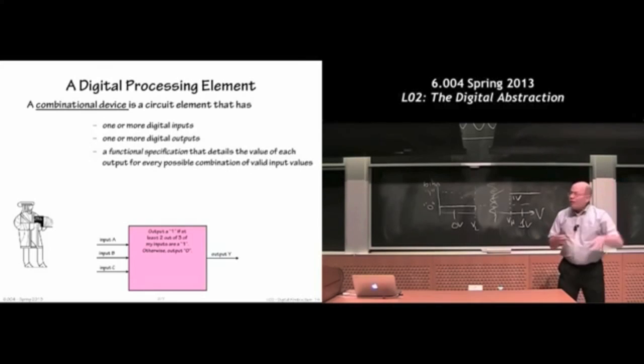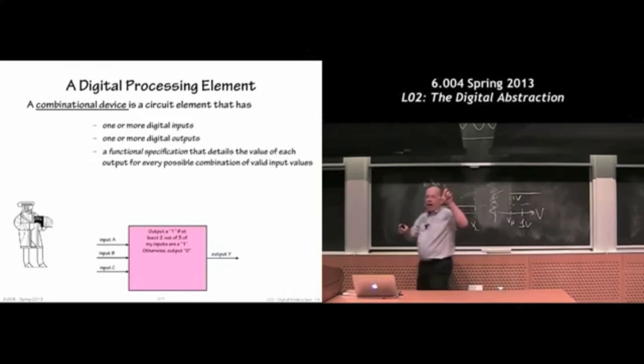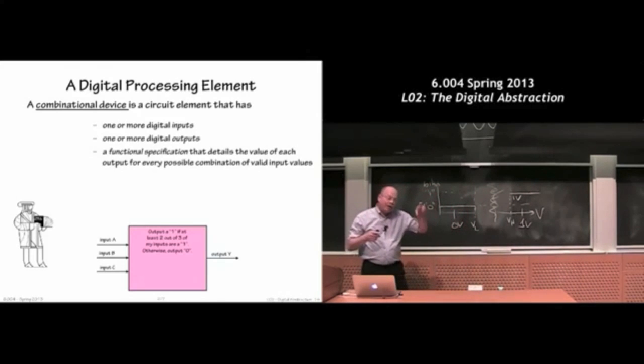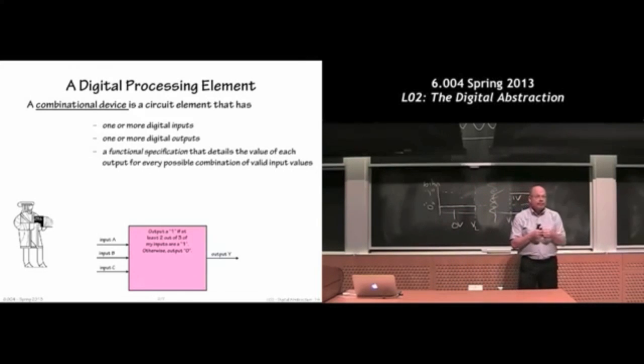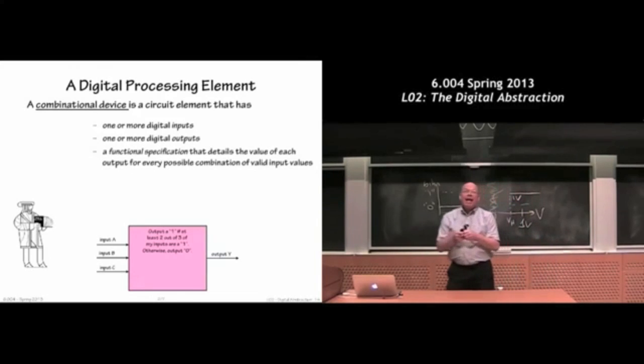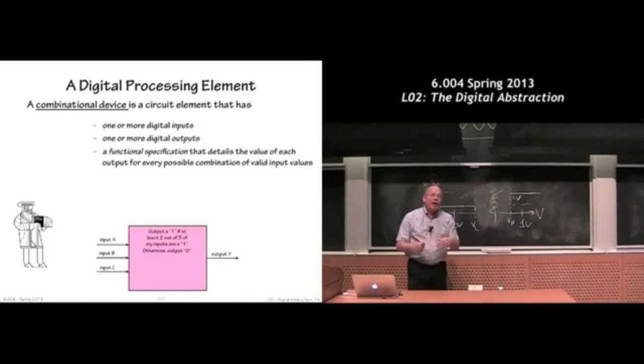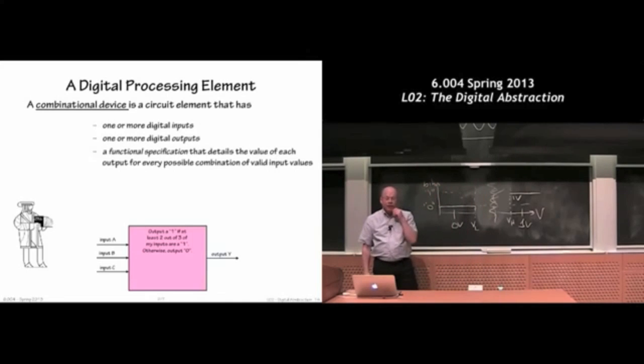The A input can be 0 or 1, the B input can be 0 or 1, and the C input can be 0 or 1. That means I can have 8 possible combinations of those 3 zeros and ones, 2 to the third. So I could make a table that had 8 rows listing all the combinations of 0s and 1s, and then for each of those combinations told you what the value of the Y output was. That's what I mean by a functional specification.